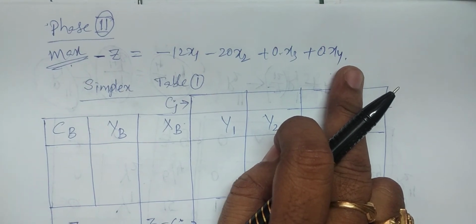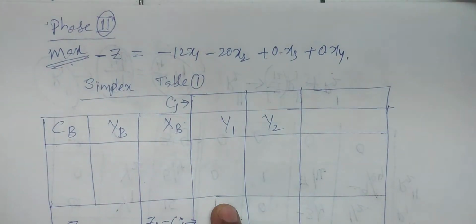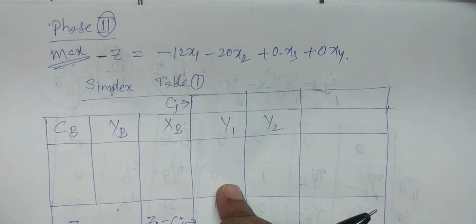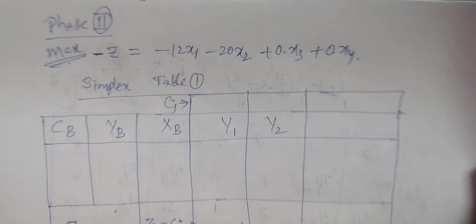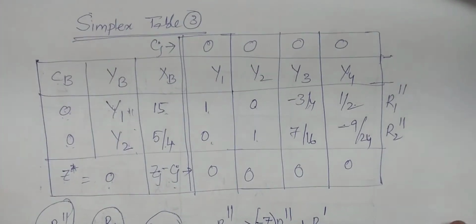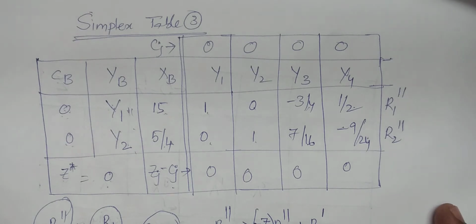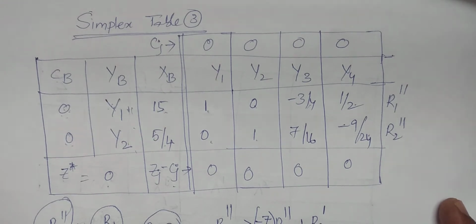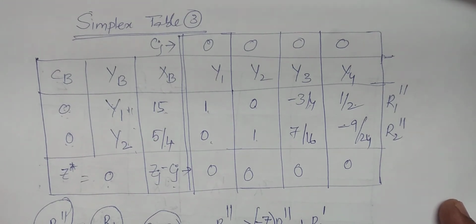After that, what is simplex table 1 in phase 2? In phase 2, simplex table 1 is the end simplex table of phase 1. You have to consider the final simplex table of phase 1 as the first simplex table of phase 2.